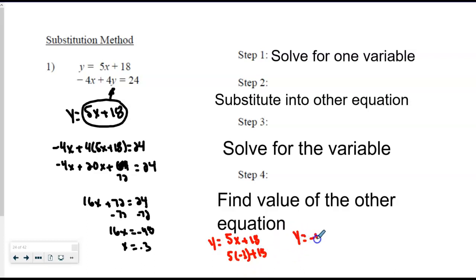So we got negative 15 plus 18. So you guys get y to be 3. So it appears that my solution is negative 3, 3. If I plug it into both of these equations, it should work. We already know it works in that first one, so let's see in a second. Negative 4 times negative 3 plus 4 times 3 is 12 plus 12, which is 24, so that works.